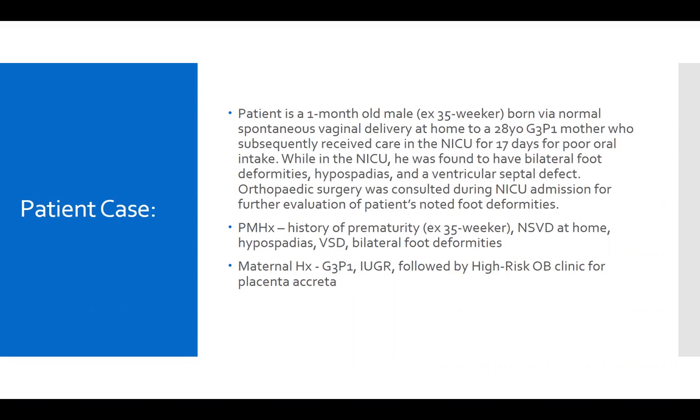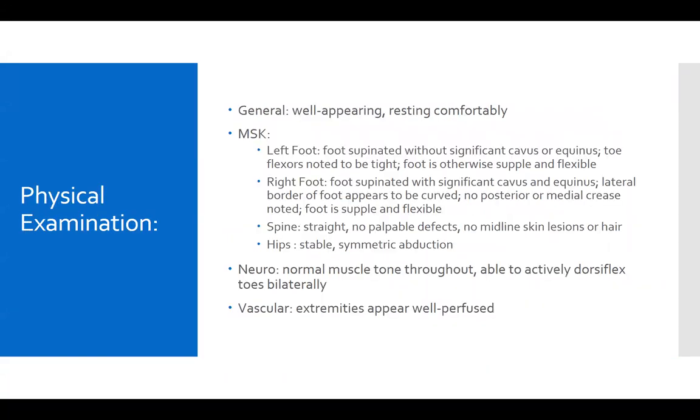Past clinical history is as mentioned, and maternal history again is mentioned, but the mother was also noted to have intrauterine growth restriction during her pregnancy and was also followed by a high-risk OB clinic for placenta accreta. There was no other relevant past surgical history or social history or any teratogens.